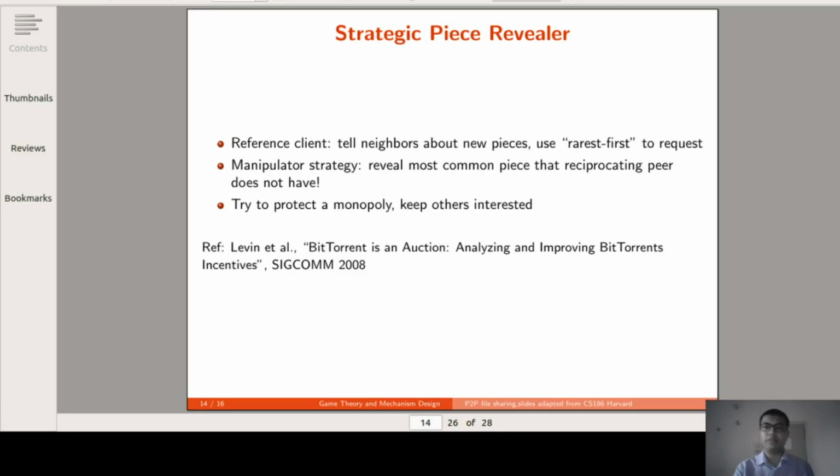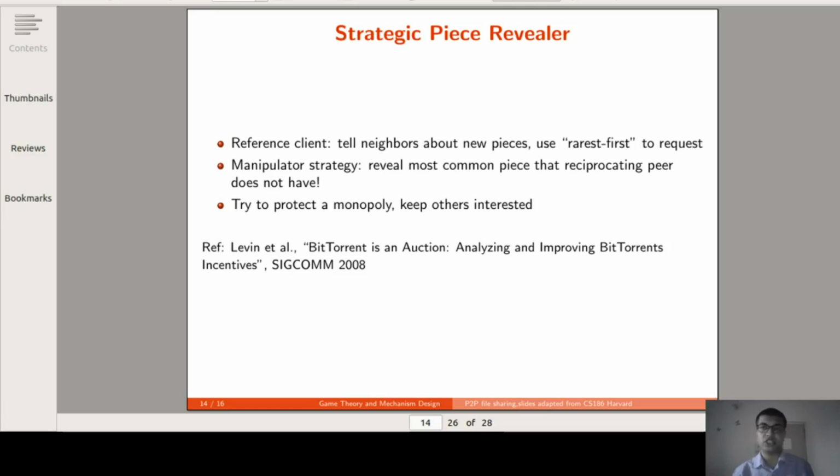So the manipulation happens in the following way. Whenever it is requesting a piece, it requests the most rare one which it does not have, and reveals only the most common pieces that the reciprocating peer does not have. Therefore it can always keep all the neighbors interested in it, because it has the more rare pieces.